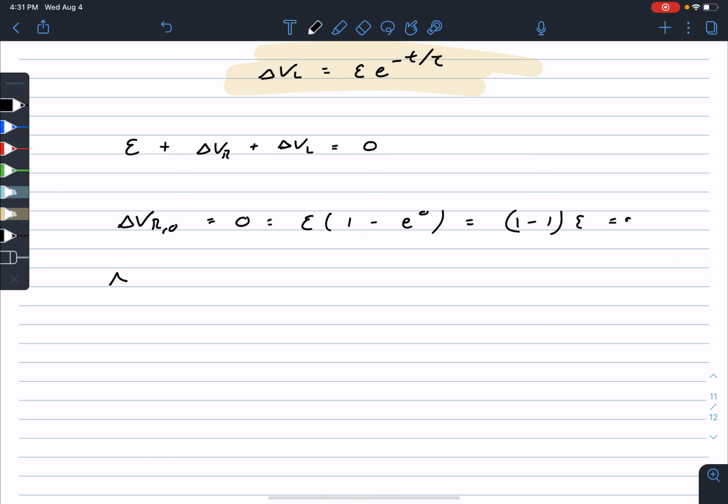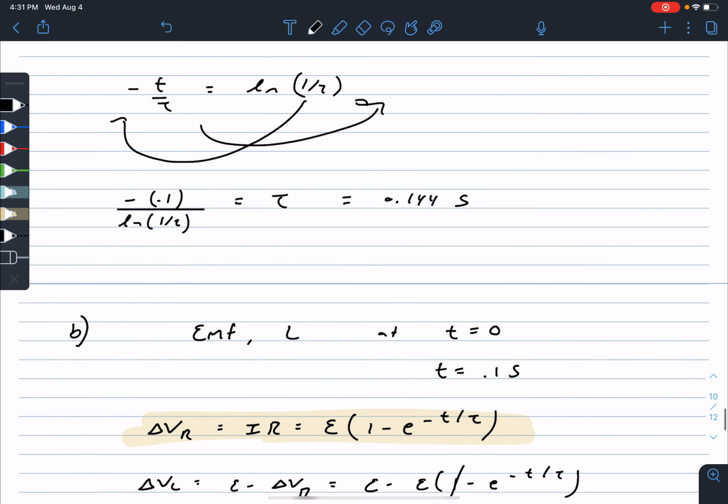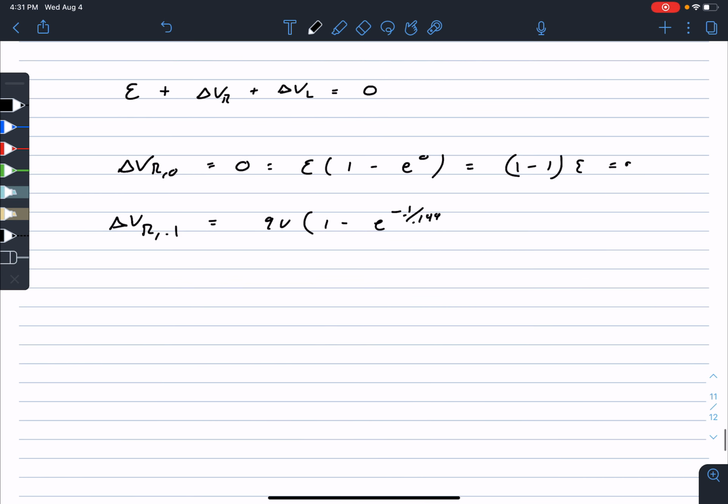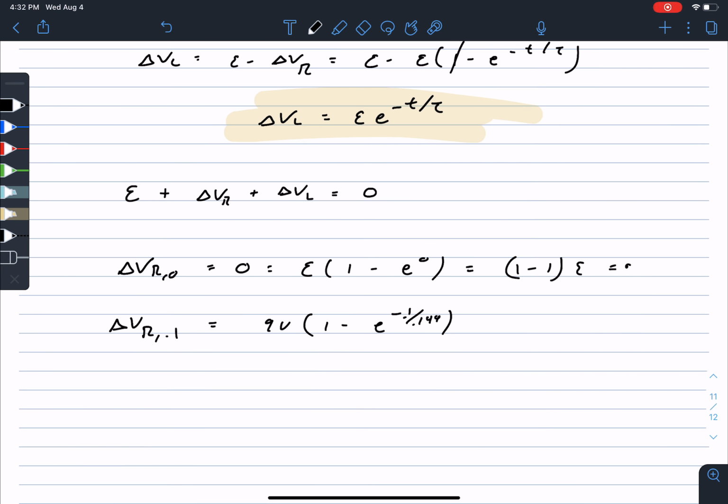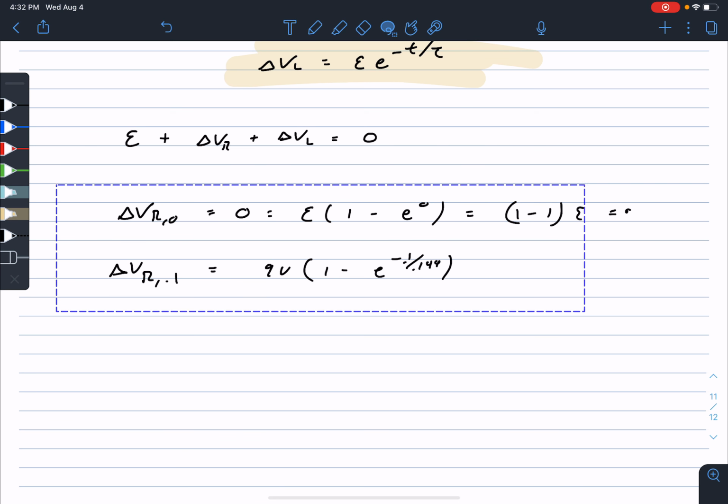Next, delta V at 0.1. The EMF, remember, was 9 volts, and we had 1 minus e to the negative 0.1 over 0.144 seconds. Oh, we're asked to find this just for the inductor, so we don't even need to worry about this one.